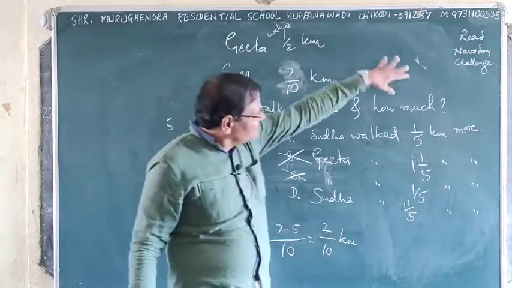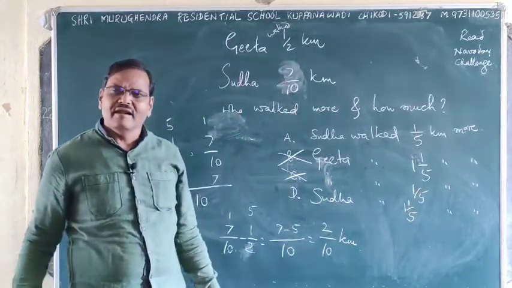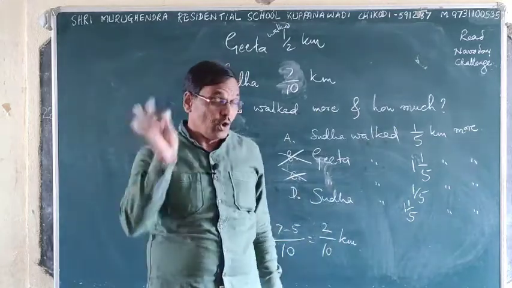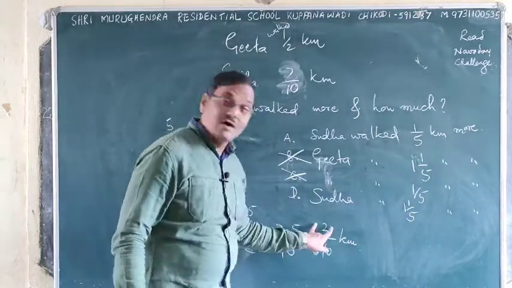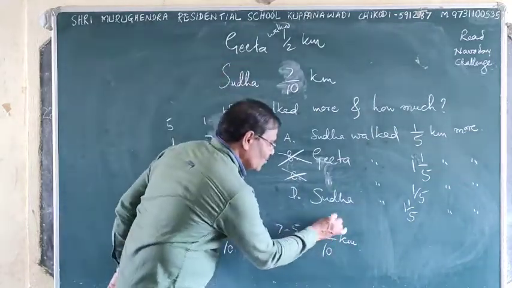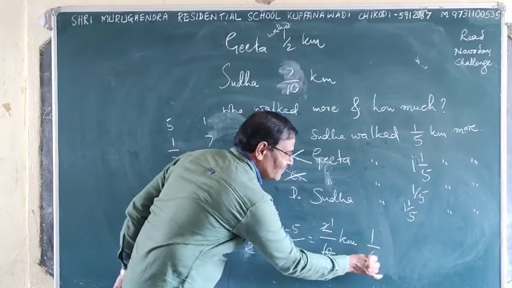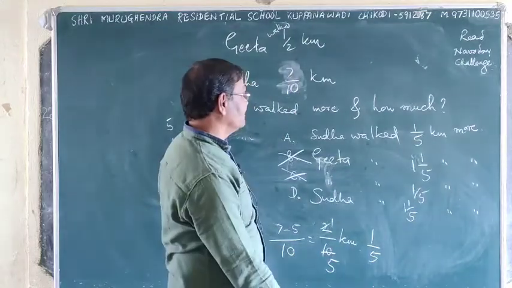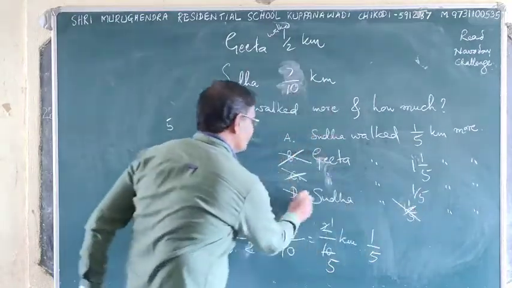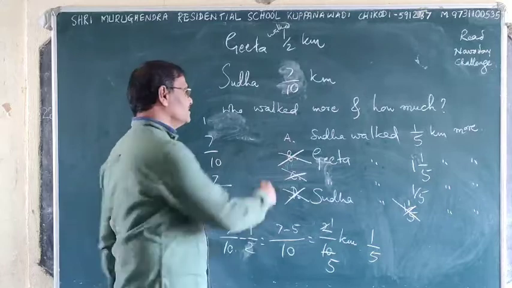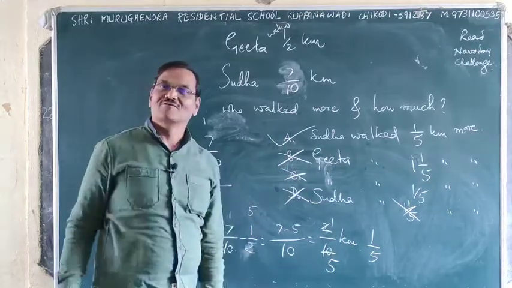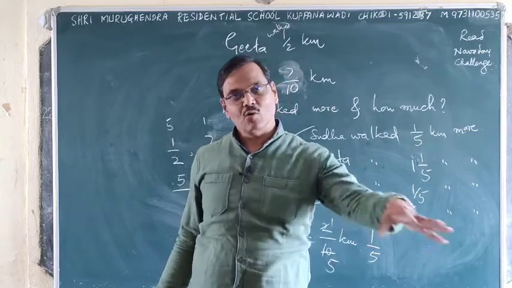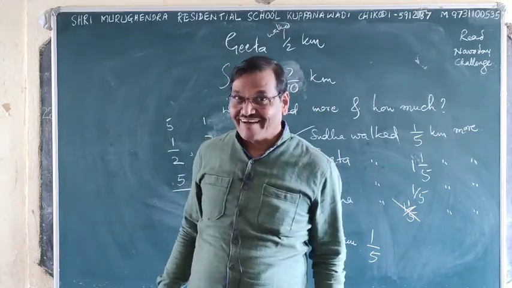Then where is 2/10? No, the answer is not there. Because you have to reduce it. 2 1s are 2, 2 5s are 10. This is 1/5 kilometer. Then 1 and 1/5 is wrong. So the remaining answer is A. You have to round A and fill black ink in your OMR sheet. Okay.